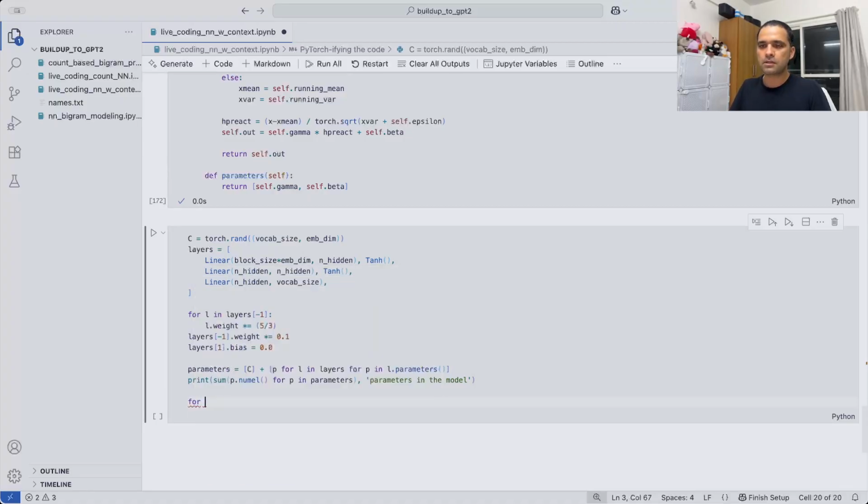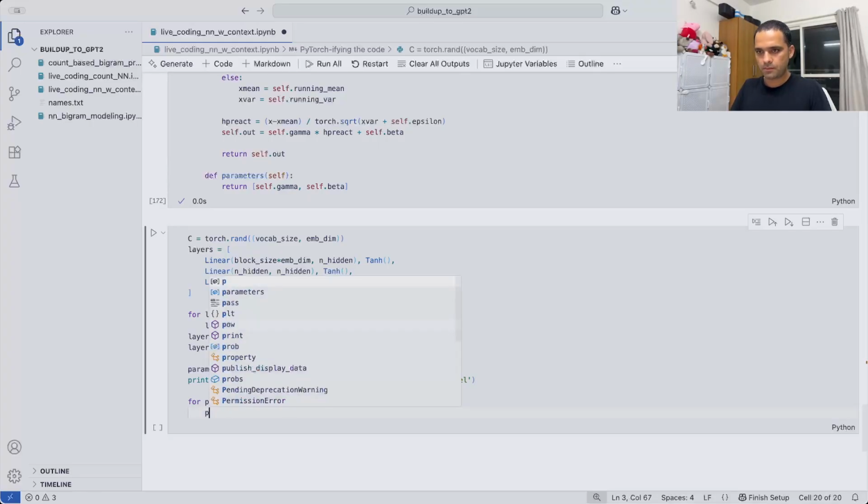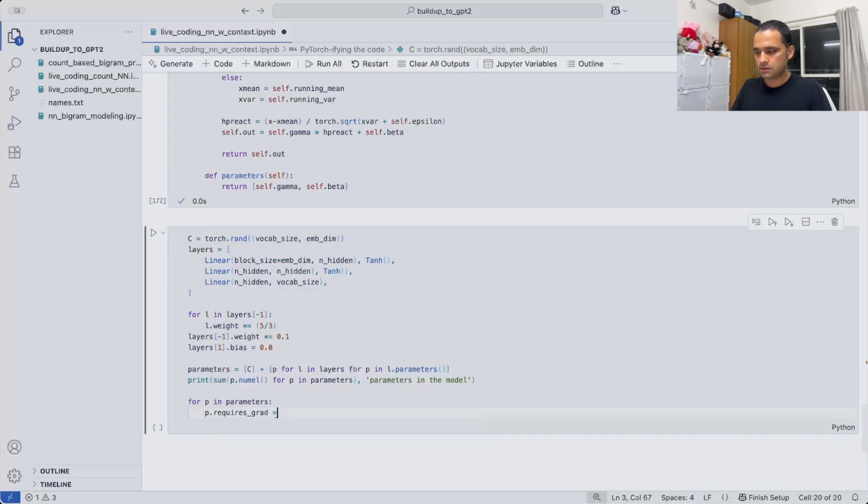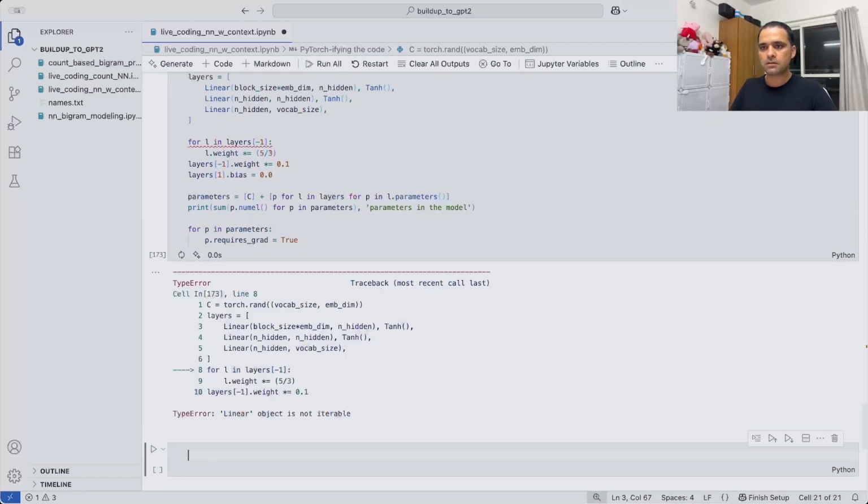And also one more thing, for p in parameters, we need to turn on requires_grad to True for everyone. p.requires_grad equals True. So yeah, this is the initialization done.